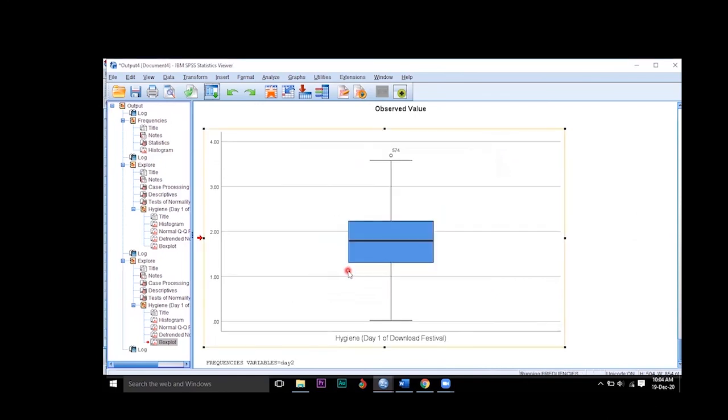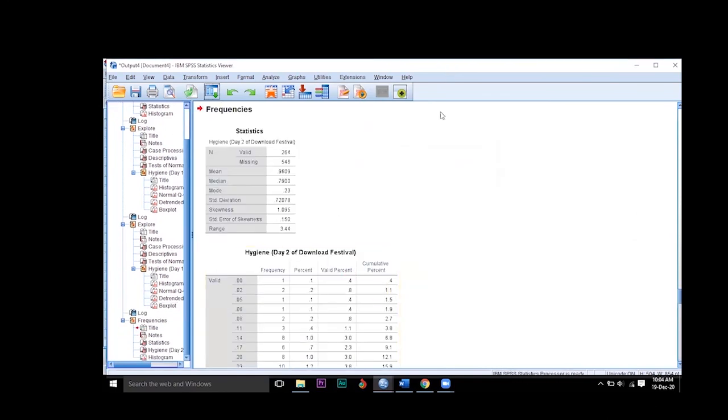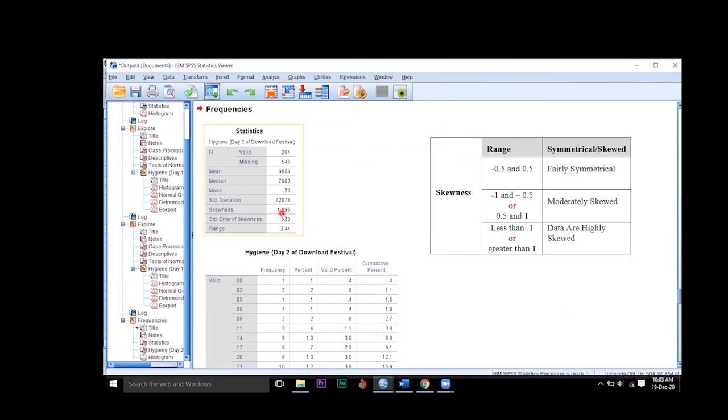Now the results are before you. Our range is 3.44, and what is important is the skewness of 1.9. This 1.9 shows that the data is not normal, because it is higher than 1.